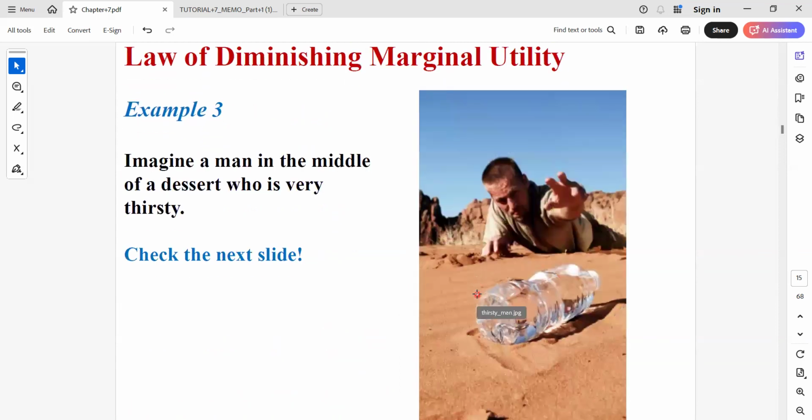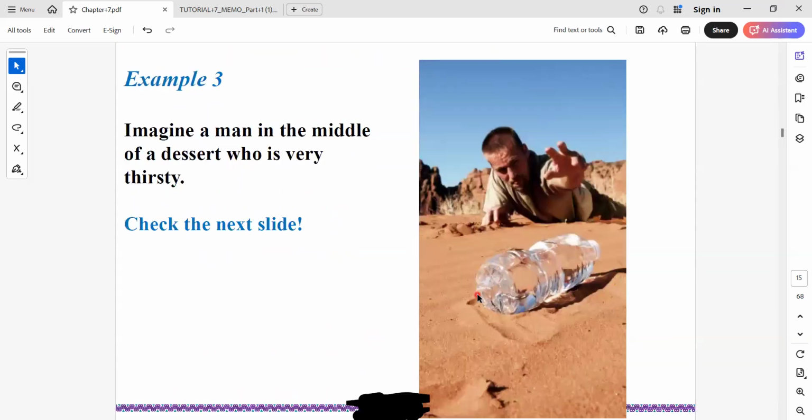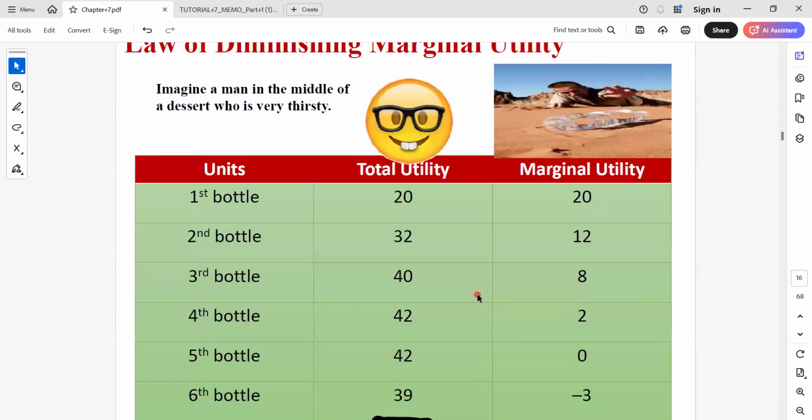They also give another example here to say, imagine a man in the middle of the desert who is very thirsty. So let's just go to this table. This person is very thirsty. He's been in the desert for maybe, I don't know, a year. When you give him the first bottle of water, the total utility he is going to get is 20.